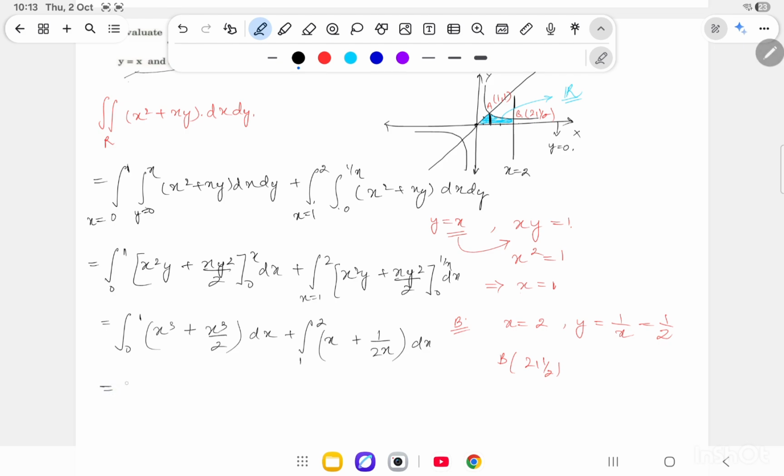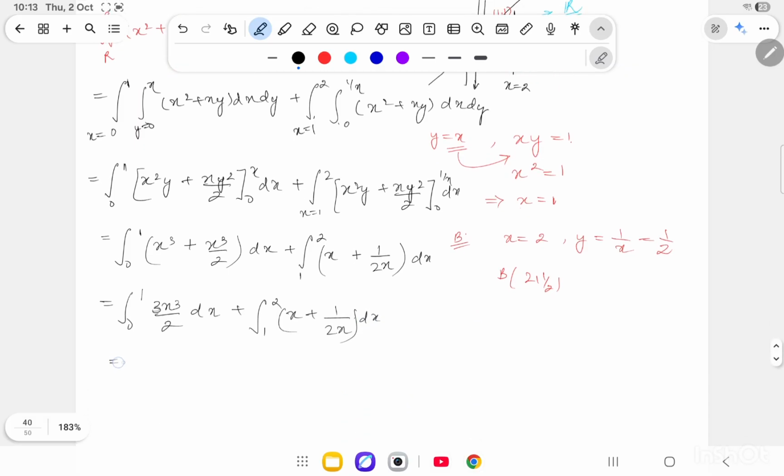If I integrate, it will be the integral from 0 to 1 of x cube plus x cube by 2, which is 3x cube by 2 dx, plus the integral from 1 to 2 of x plus 1 by 2x dx. So this is equal to 3 by 2 into x raised to 4 by 4 from 0 to 1, plus x square by 2 plus 1 by 2 log x, with limits varying from 1 to 2.